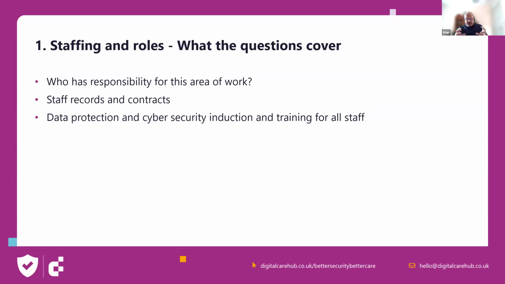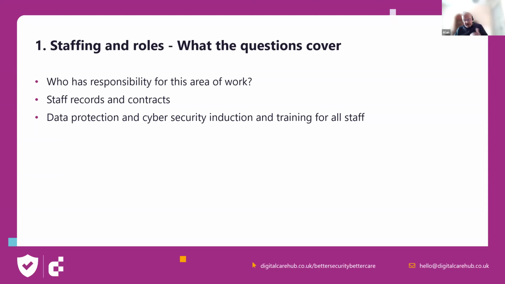Staff records and contracts, that's about knowing what staff you have, what level of access they should have, etc., and something in their contracts about keeping data safe. Data protection and cybersecurity training is what training do staff need at all levels.